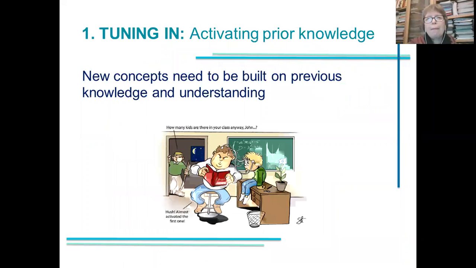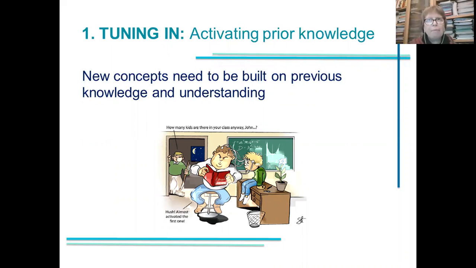Start by activating their prior knowledge, because new concepts need to be built on previous knowledge and understanding. In every kind of teaching, but particularly in CLIL, it's very important to start from the student by activating their prior knowledge.